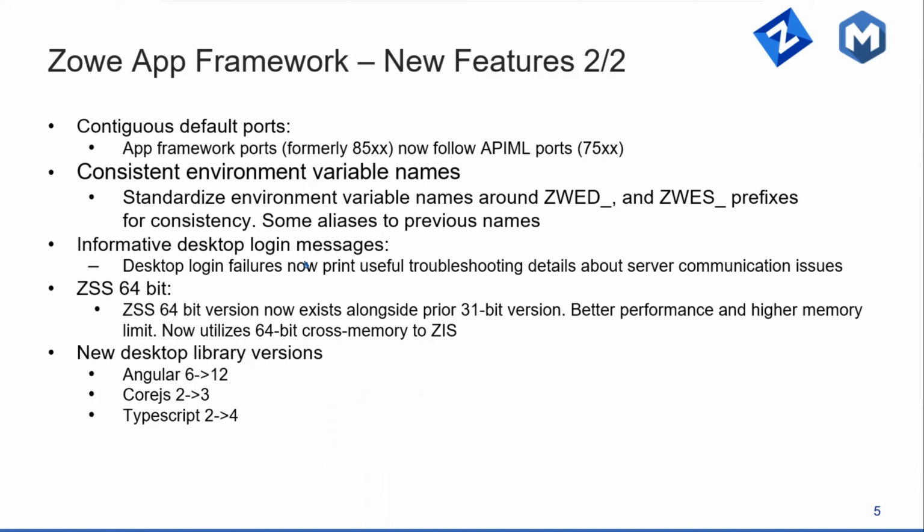So we want to have prefixes ZWE, ZWED for desktop and ZWES for ZSS. And just ZWE in general allows us to have different zones for environment variables that we didn't have necessarily in version 1. We had some prefix in version 1, but not all of them.